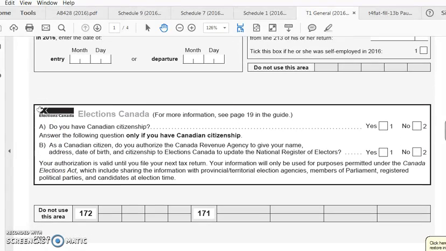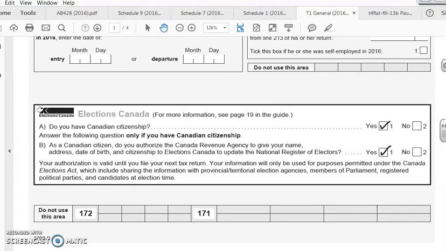On the bottom of page 1 of the T1 General, we can see some information about Elections Canada. What this really does is it just says, hey, this information can be given to Elections Canada. The only reason why I would not personally check yes would be if I was moving relatively in short order.